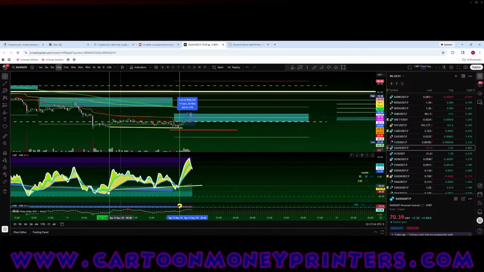Like I said, you had that bull div right here, and you had a little tiny mini bull div, and as soon as the 15, 30, 60 closed on a 15-minute candle with all of them pointing up from the oversold position, that's the green area. And you had the 4 and the 8 in unison, and I talked about that in the beginning of the stream when it was like here. But that ended up going up 7.8% in 90 minutes.